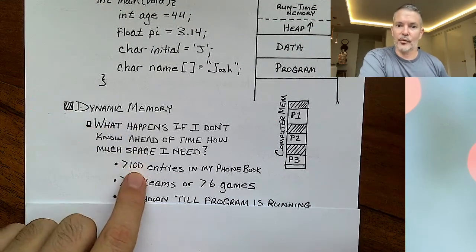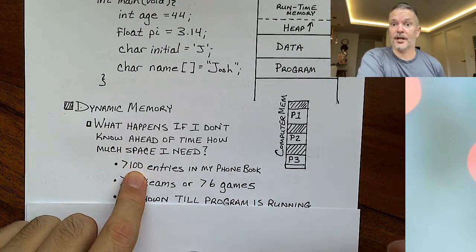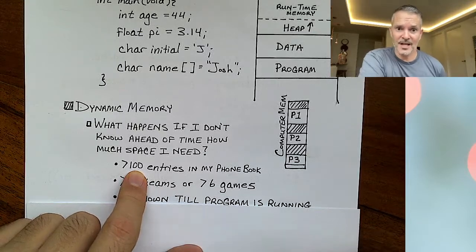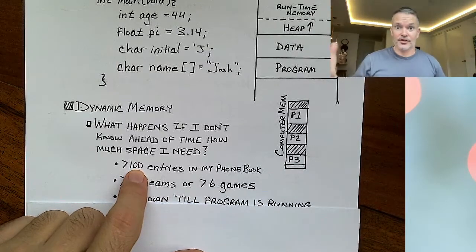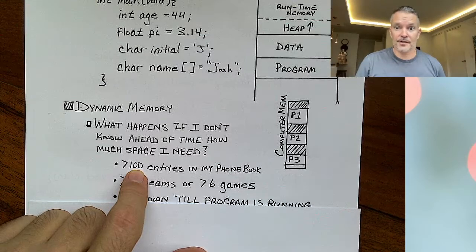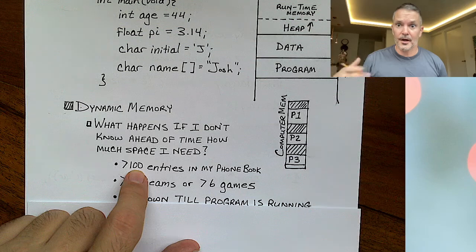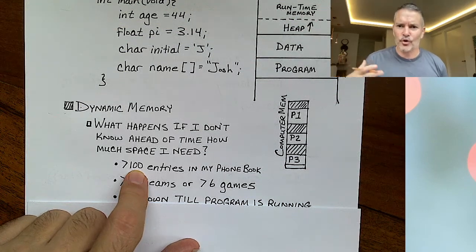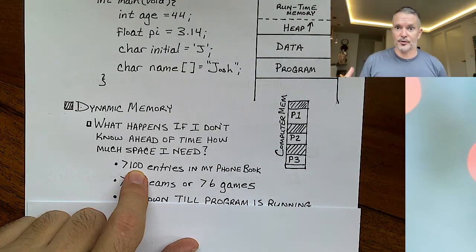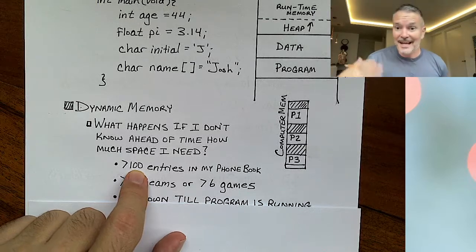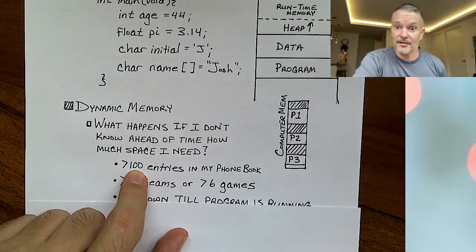Remember the example of the phone book application that we wrote as an exercise. What if my phone book starts to grow beyond 100 entries, but I only allocated space for an array of 100 entries? How would I grow the amount of space that the program is using so I could continue accepting more and more entries in my phone book?